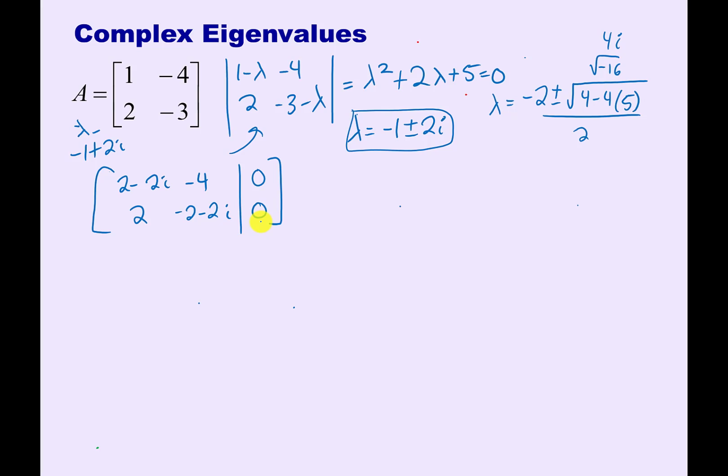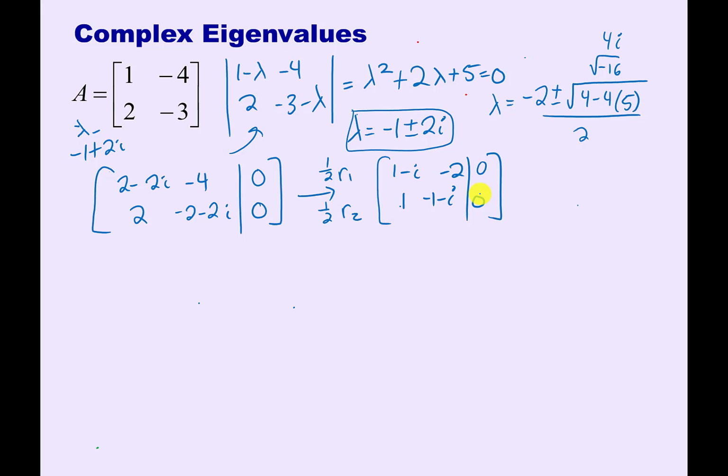We know there should be a dependency because we figured this out where the determinant was 0. Not obvious to see that dependency right here, so I am going to do some row operations so you can see. I think I'll just do 1/2 row 1 and 1/2 row 2 for a minute, just to reduce those down because there's a 2 in everything. 1 minus i, minus 2, and 1 and minus 1 minus i.